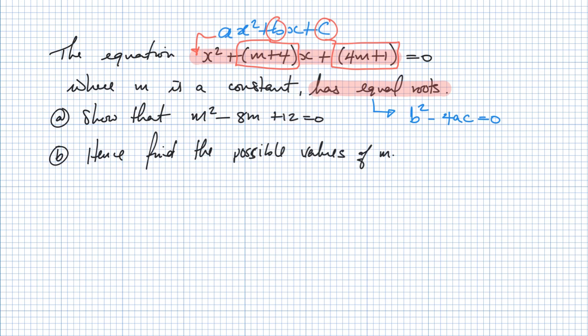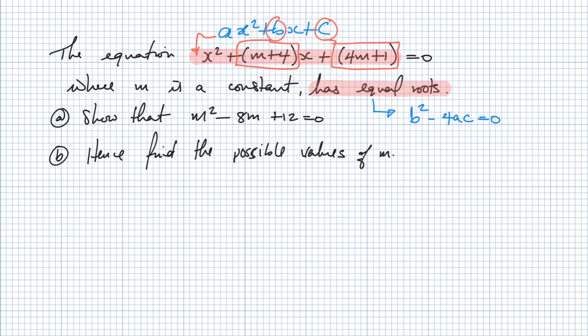So you remember, if it's greater than 0, as in a positive answer, you have 2 real roots. If it's less than 0, as in a negative answer, you have imaginary roots. But if it's equal to 0, you have a repeated root. Okay, it's 2 roots, but it's repeated, or I like to say it's just really 1 root. But nonetheless, that happens when your discriminant is equal to 0.